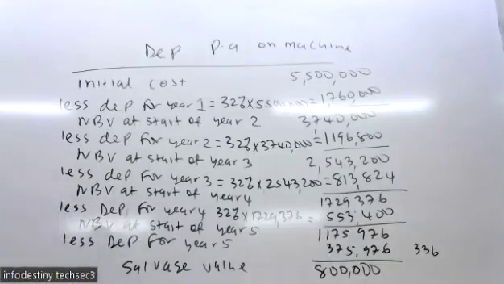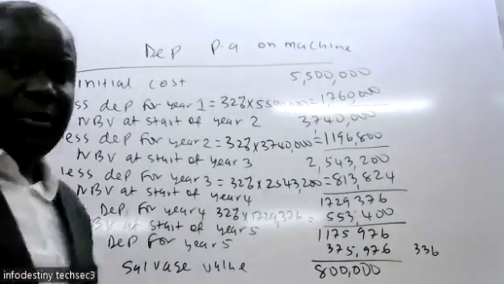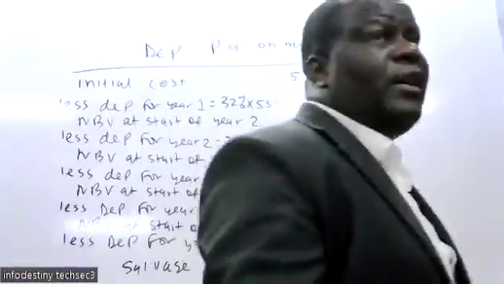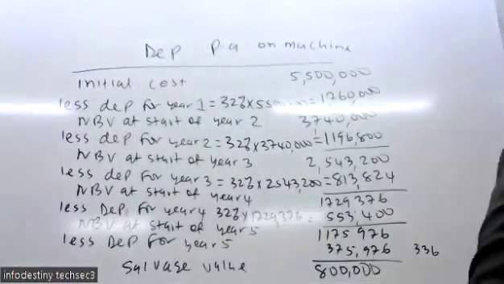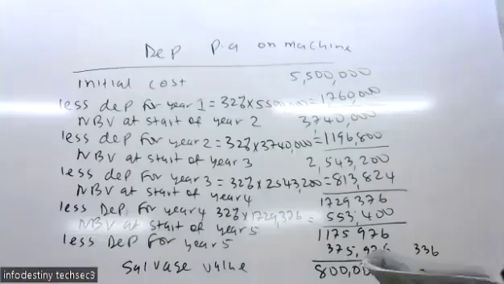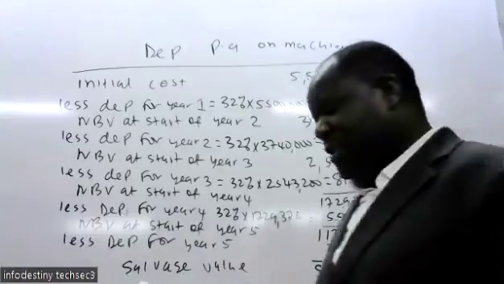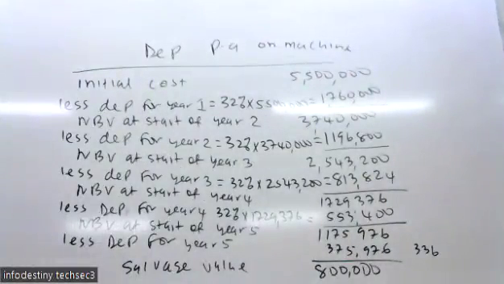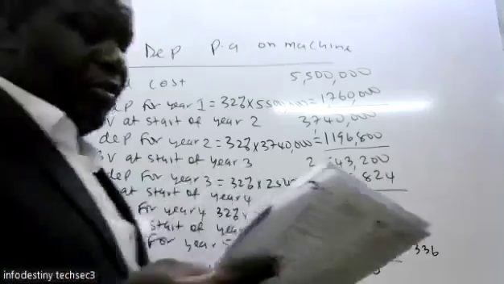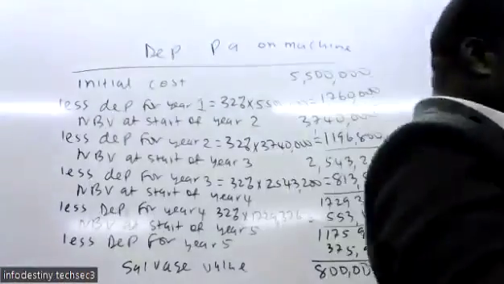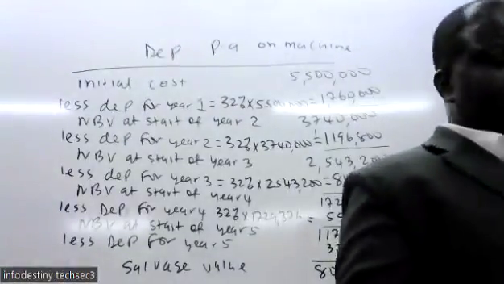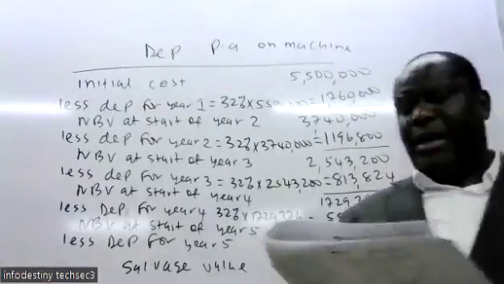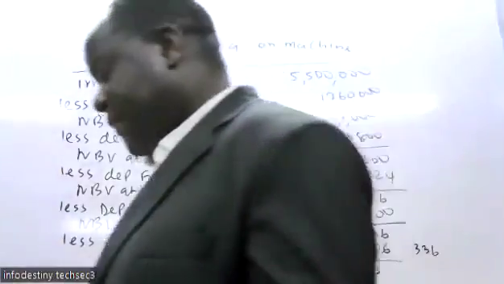There is also another item we need to depreciate. That item, if you go to note number 3, is the overhaul costs. Overhaul is also meant to be depreciated. Note 3 says the machine will require an overhaul at the end of the second year.